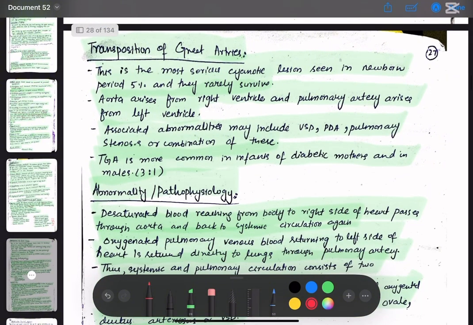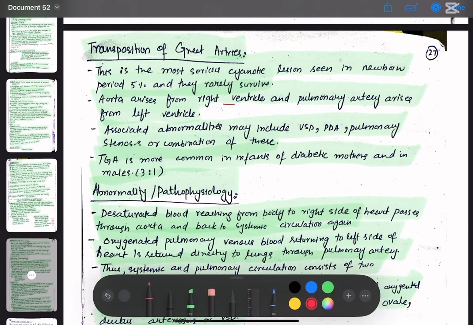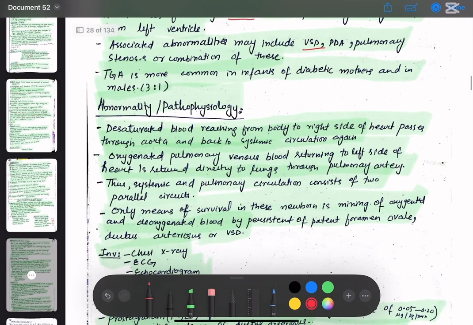So this was about the transposition of great arteries. That is the most serious cyanotic lesion, and it is seen in the newborn period, 5%, and they rarely survive. Aorta arises from the right ventricle and pulmonary artery arises from the left ventricle. Transposition takes place here. Associated abnormalities may include VSD, PDA and pulmonary stenosis, and TGA is more common in infants of diabetic mothers.